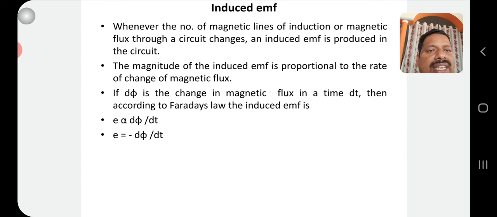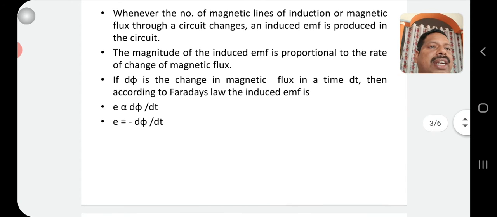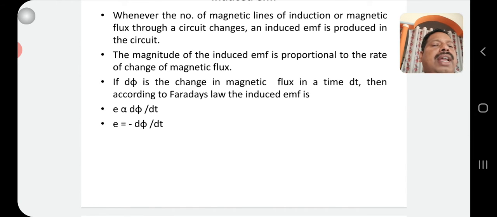If d phi is the change in magnetic flux in a time dt, then according to Faraday's law, the induced EMF is given by E proportional to d phi by dt, or E is equal to minus d phi by dt. Here, the negative sign indicates that the direction of the induced EMF is opposite to the change of flux linking with the coil.